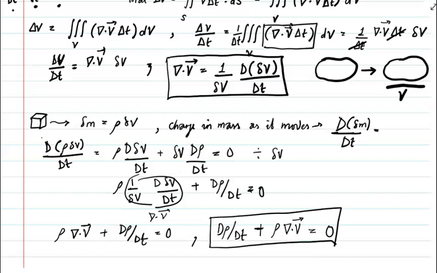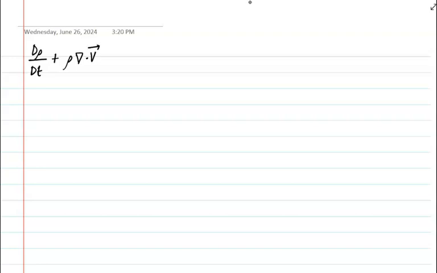So, this was Drho/Dt plus rho del dot v is equal to 0. And the other one was ∂rho/∂t plus del dot (rho v) equals 0.